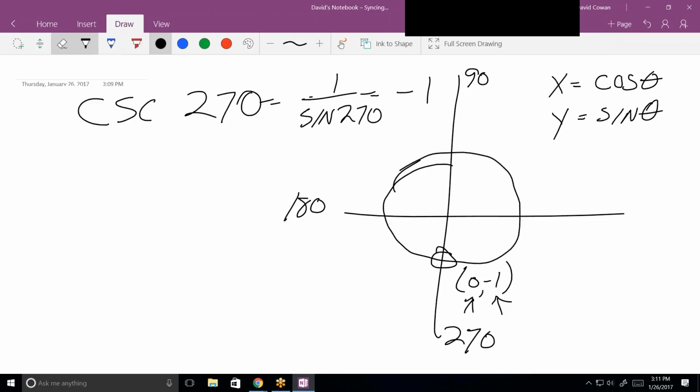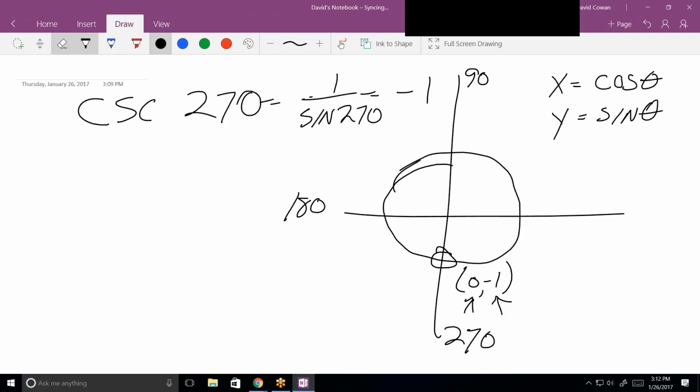That's the way I do all of these secondary trig functions, I call them. They're not really secondary, but if you want to split up the 6 trig functions, the 3 that are on all calculators are sine, cosine, tangent, and the 3 that are not on most calculators are cotangent, secant, and cosecant.